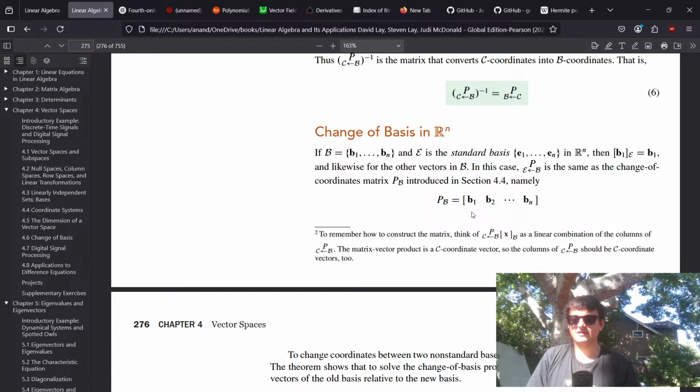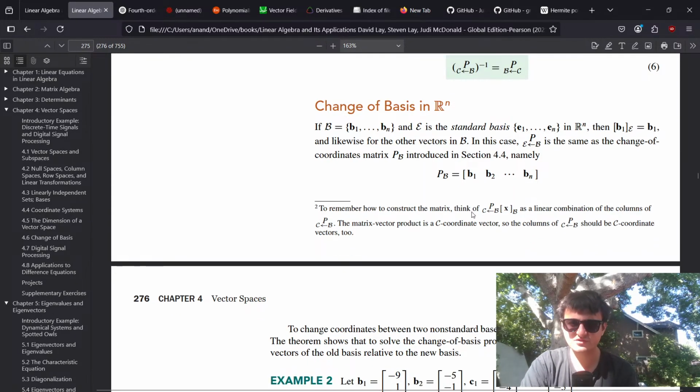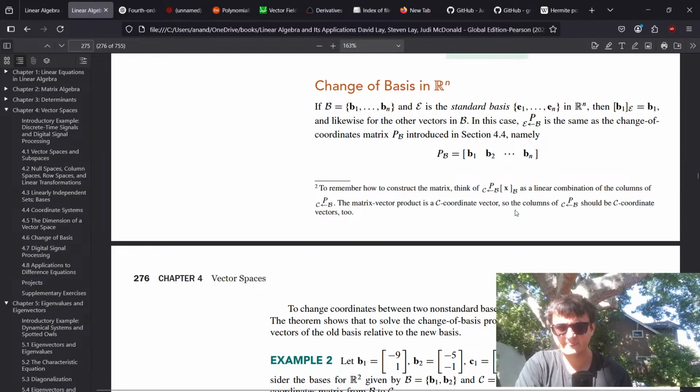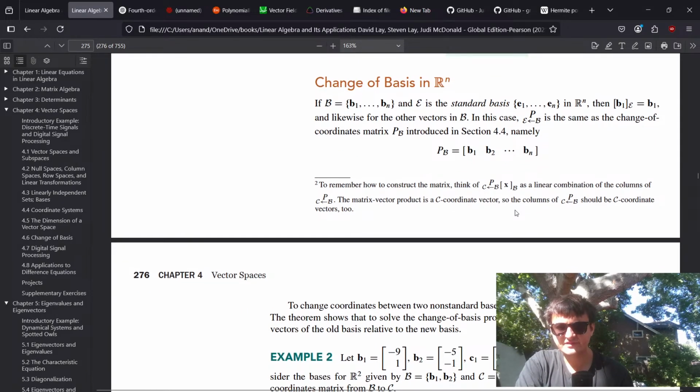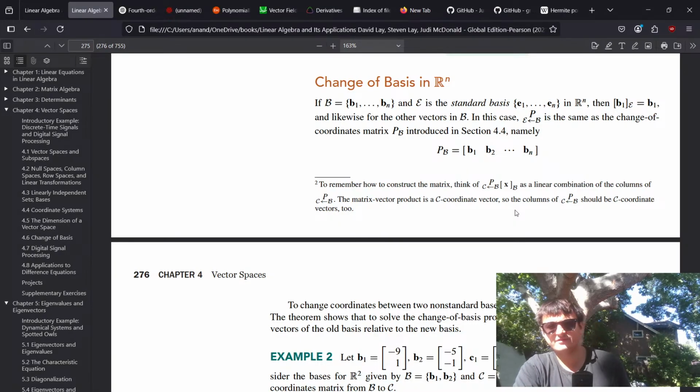To remember how to construct the matrix, think of P from B to C times [x]_B as a linear combination of the columns. The matrix vector product is a C coordinate vector, so the columns should be C coordinate vectors too.